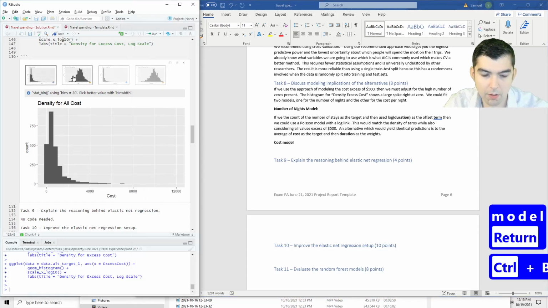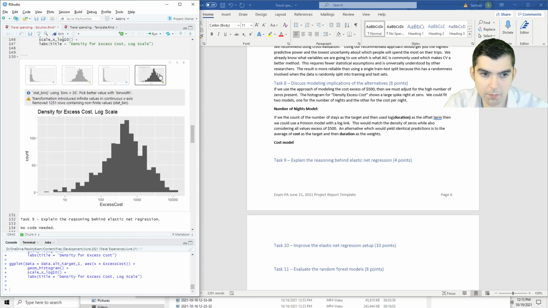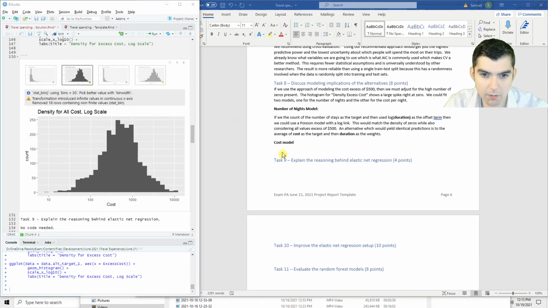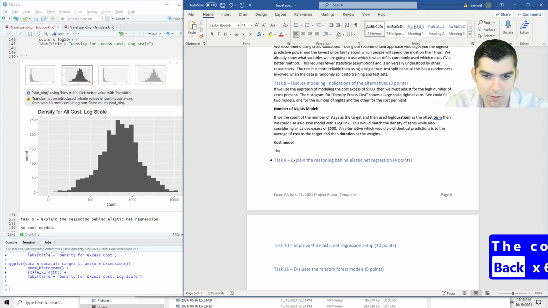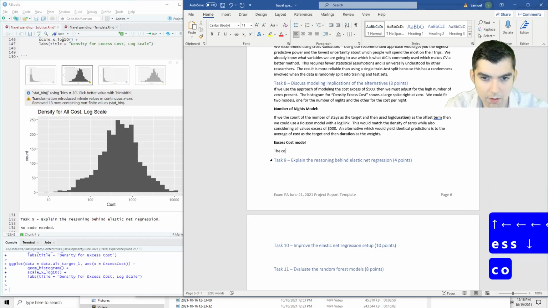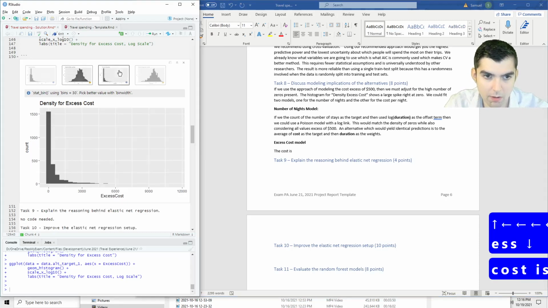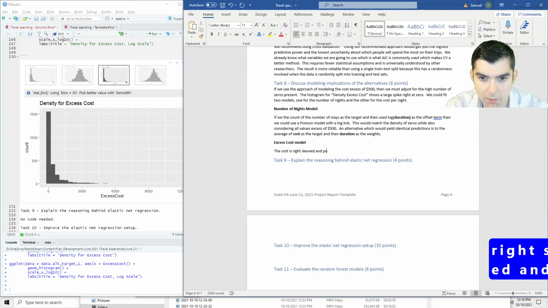So we look at the cost. If we're just looking at the cost, the excess cost is right skewed, positive.